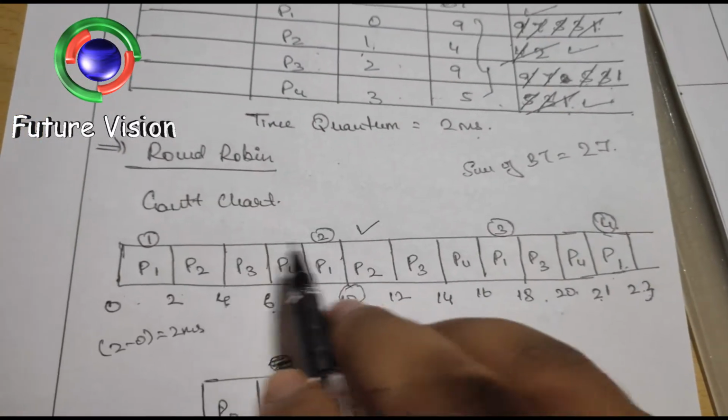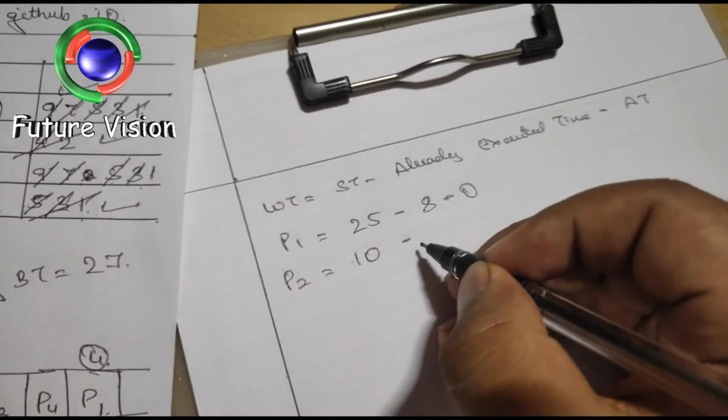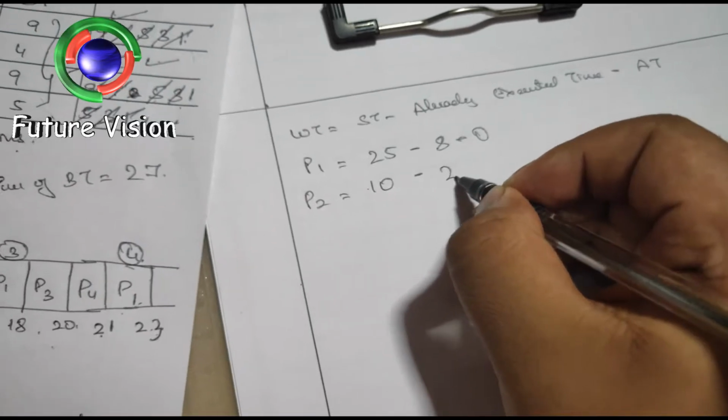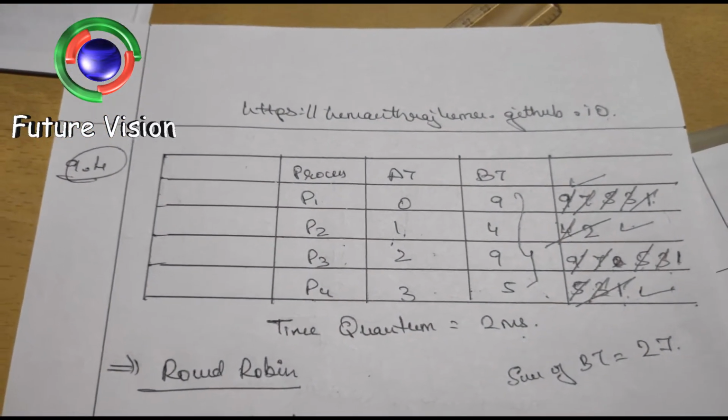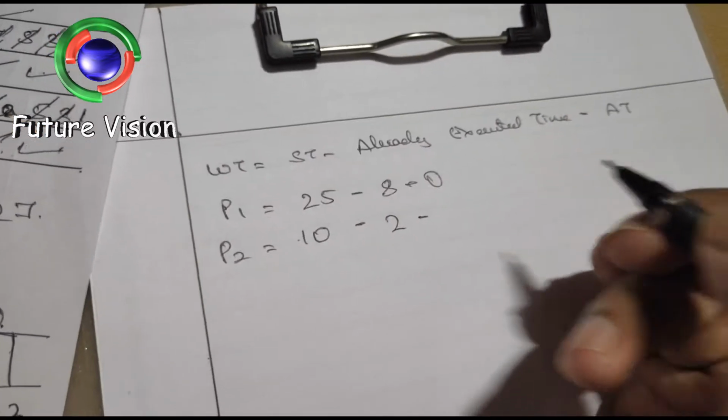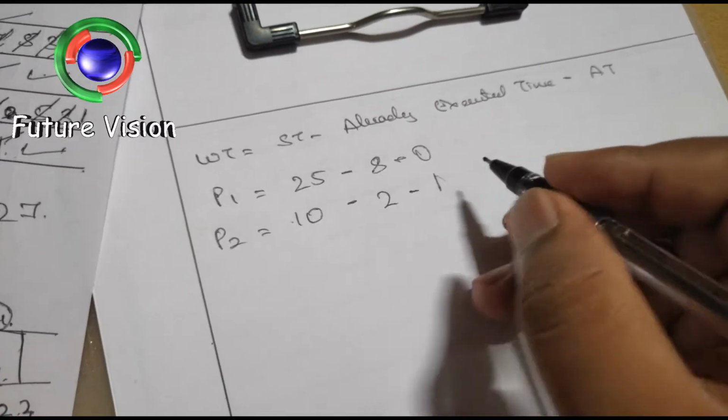Do we have occurrences of it? Yes. How many? 2 milliseconds has been executed. So we write 2 here, minus the arrival time. The arrival time of P2 is 1, so I write 1 here.